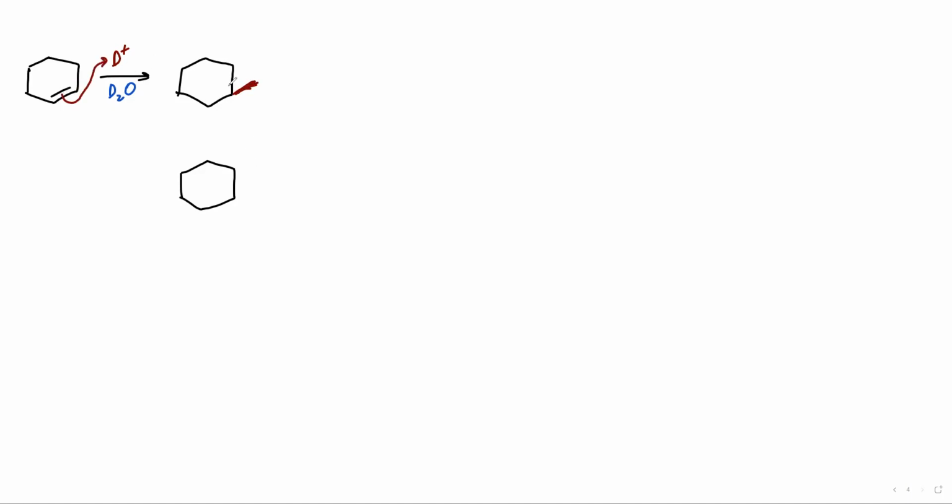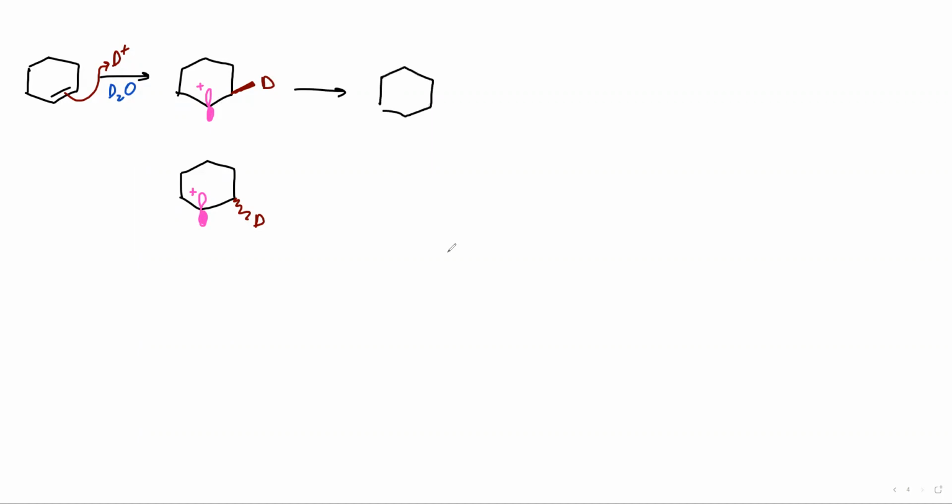Again, doesn't matter. Either carbon could have worked. They're both the same. But let's say that it just added that one there. The deuterium can add either top or bottom. So that's what I'm trying to show here. And then what we get is an empty orbital on the side here that water can react with. The idea here is that water can add in one of two ways.